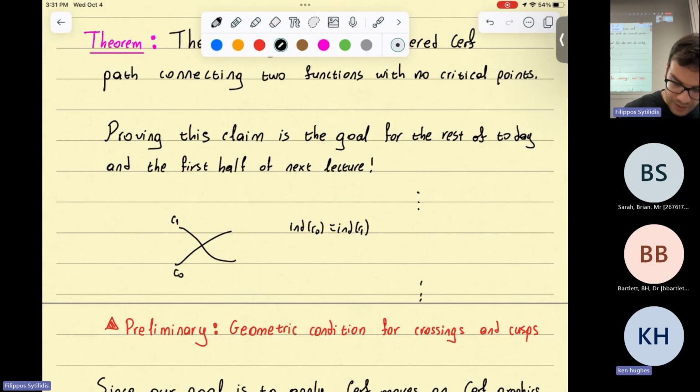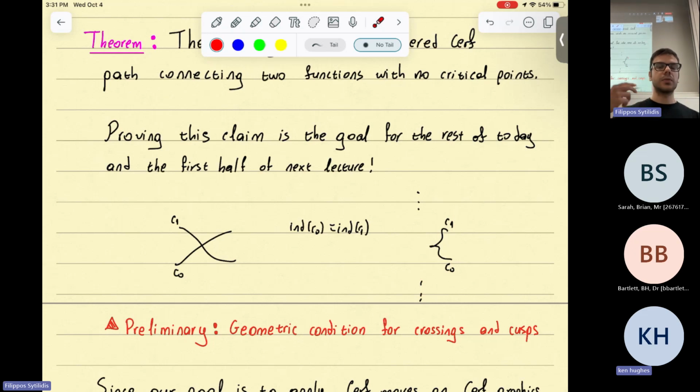But maybe I should say that if I have a birth, I give rise to C0 and C1, and I must have that the index of the critical point that I'm giving rise to is greater than or equal to all the critical points below it. And likewise, the other one, C1, must have index which is less than or equal to all the critical points above it.